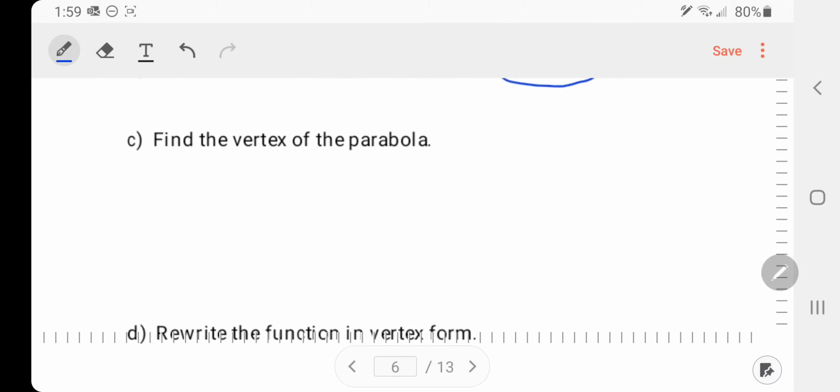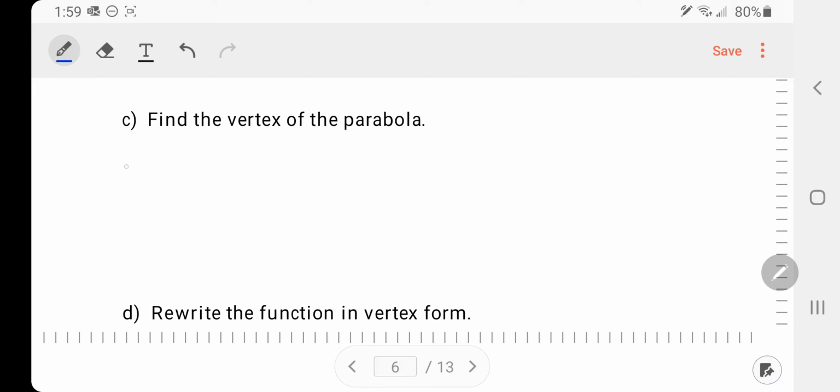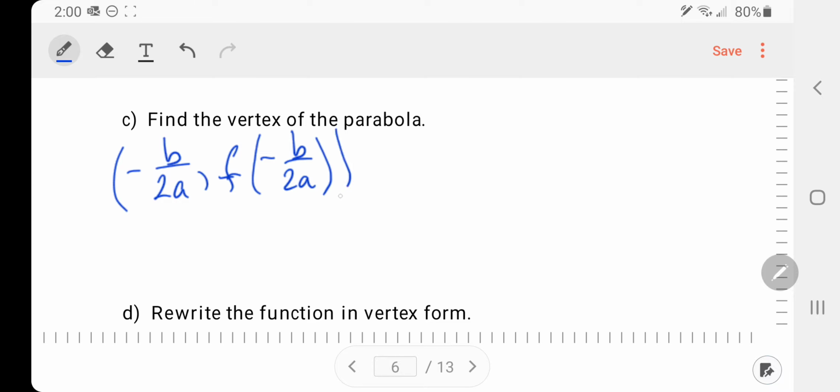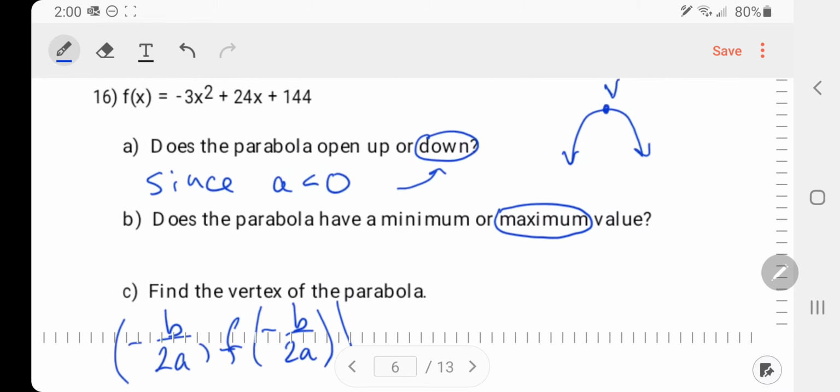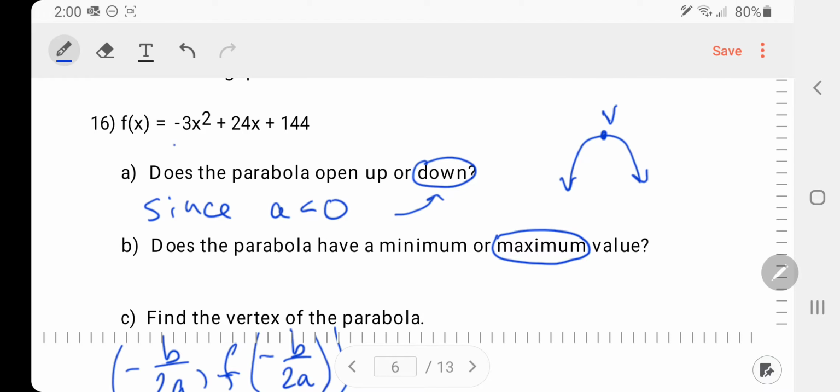Find the vertex. All right, we have a formula for finding the vertex. It's minus b over 2a, f of minus b over 2a. That is the vertex formula. And so when we plug into our formula with a and b, here again we can see a is -3, b is 24.